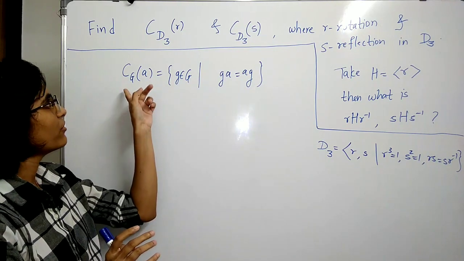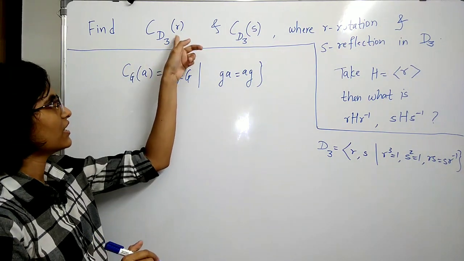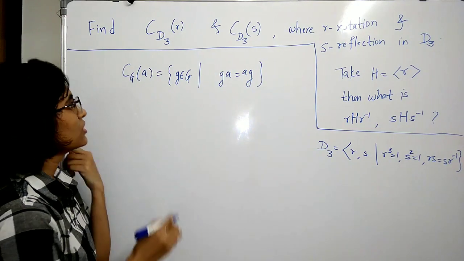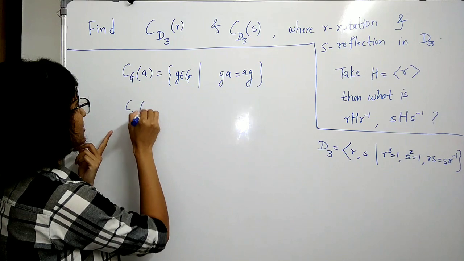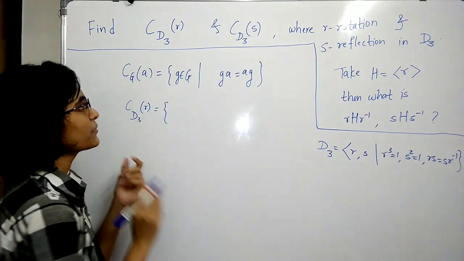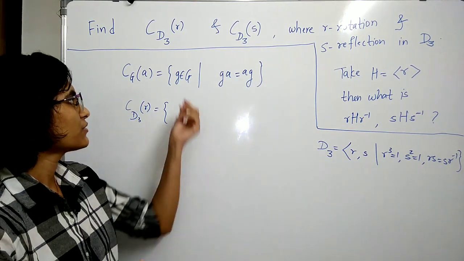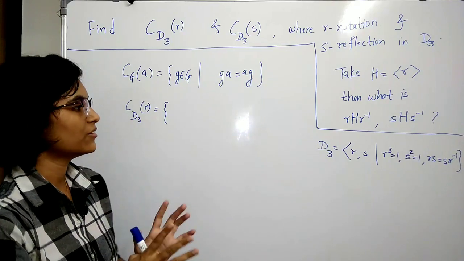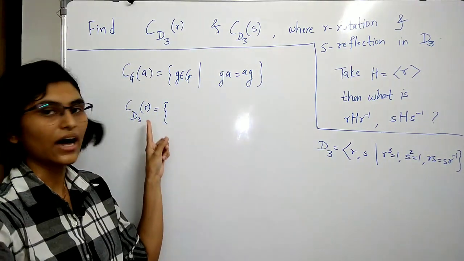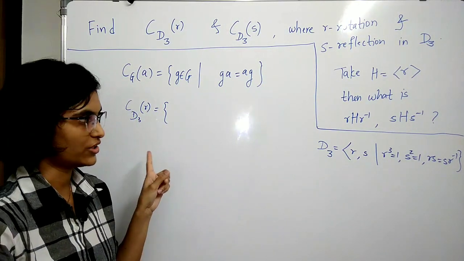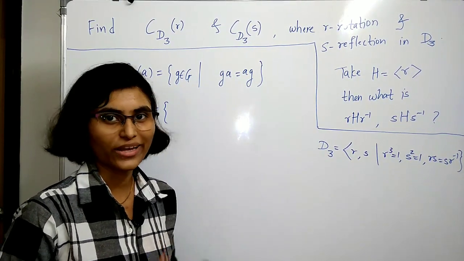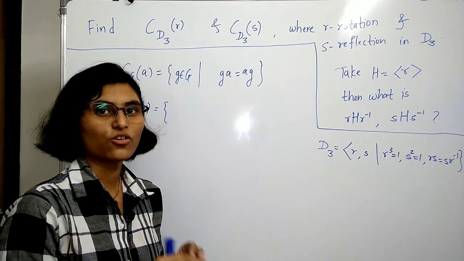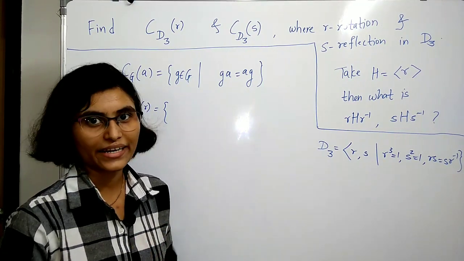So here we have G is D3 and the element is R, which is a rotation. So the centralizer of R in D3 is the same as: the important thing is we just have to take all the elements which commute with this R. Now we know that the identity element commutes with every element, so the centralizer of every element contains the identity element.